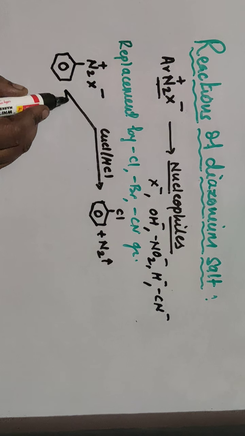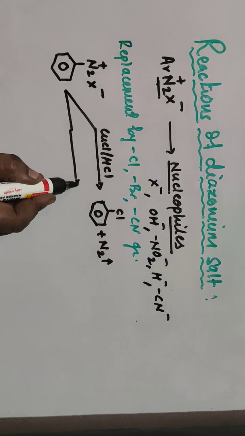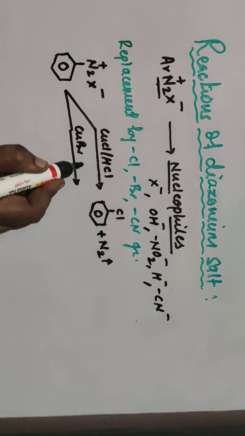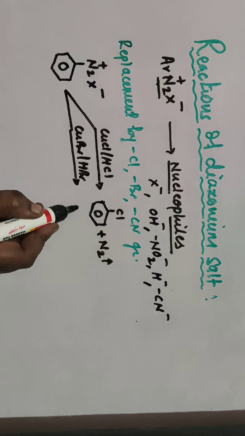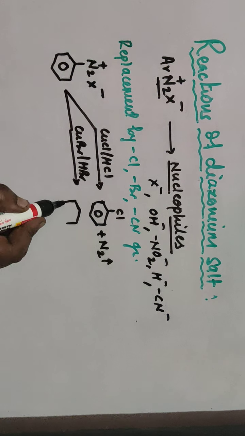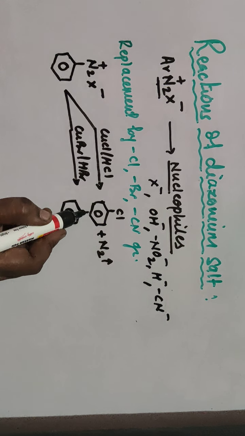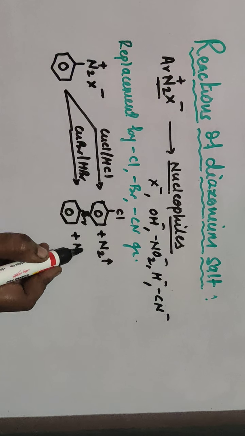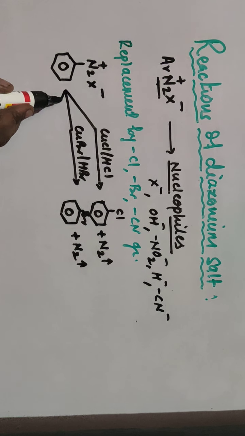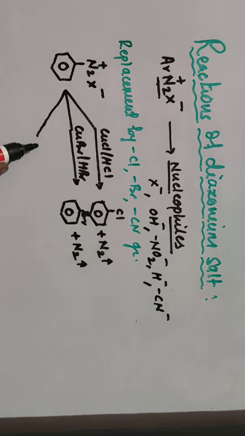When the diazonium salt is treated with cuprous bromide and HBr, then in that case we'll get here bromobenzene and nitrogen gas. And when it is treated with cuprous cyanide and HCN, then you will get here cyanobenzene and nitrogen gas.